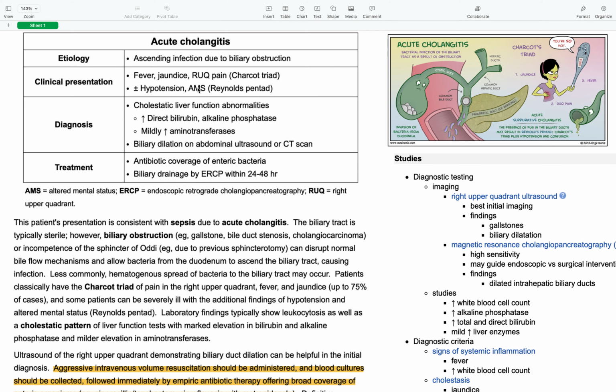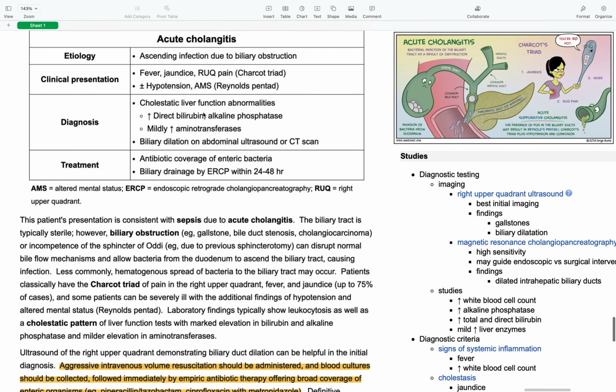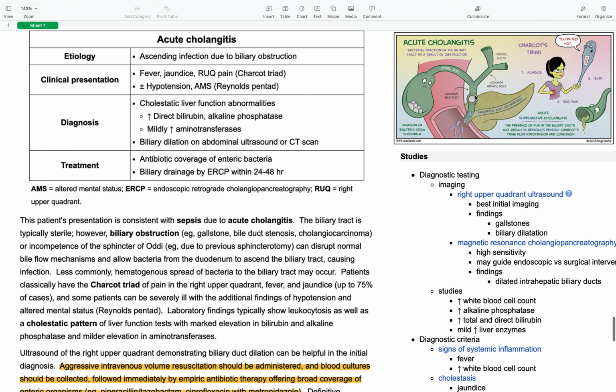Okay, so the diagnosis for acute cholangitis is cholestatic liver function abnormalities, meaning imagine you have the stone lodged in here and you have your bilirubin coming from the hepatic duct, so that is building up here, and so there will be an increase in the direct bilirubin, alkaline phosphatase, and mildly increased aminotransferases.